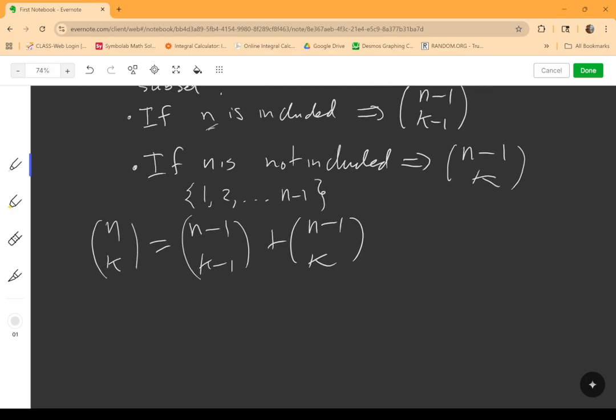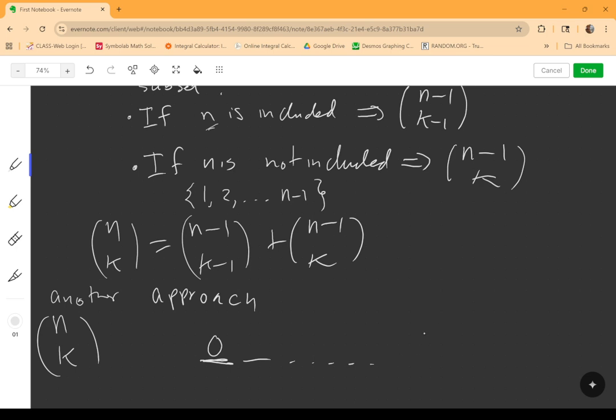Now, another way to think of it is in terms of the bit string version. I know n choose k gives me the bit strings of weight k. What if a string starts with 0, and then we have the rest of these?